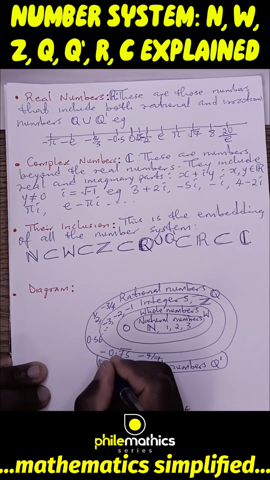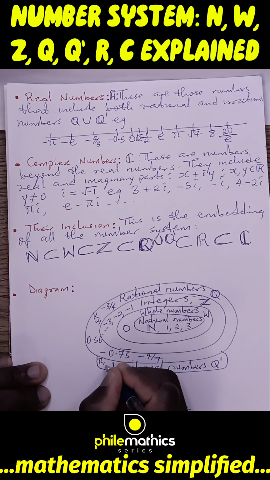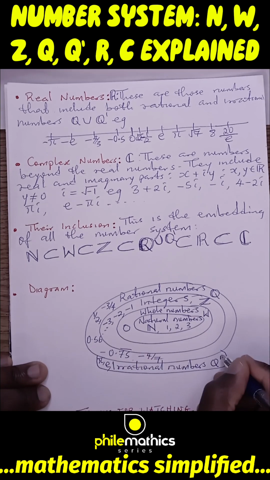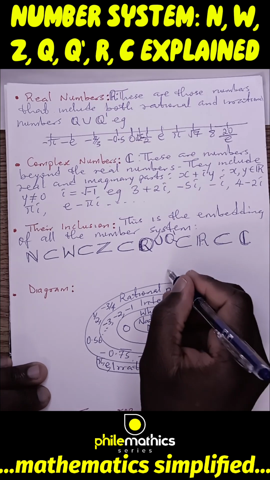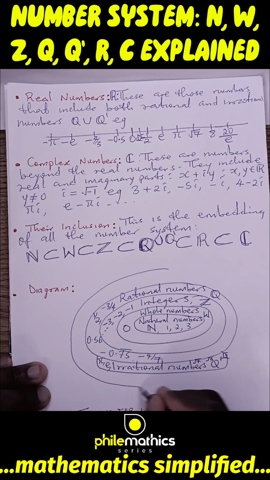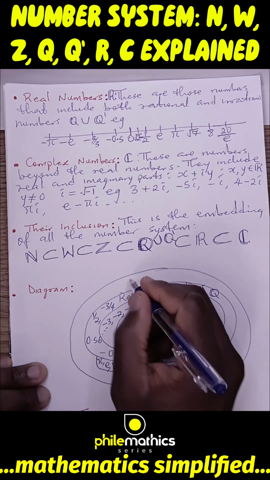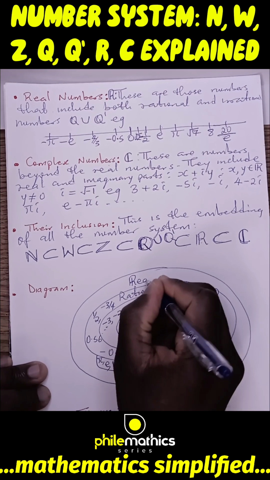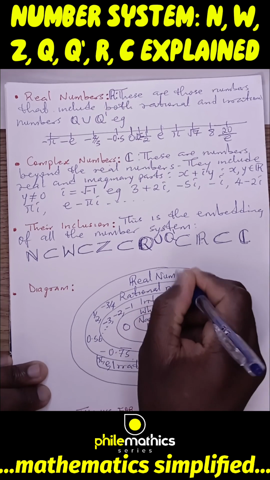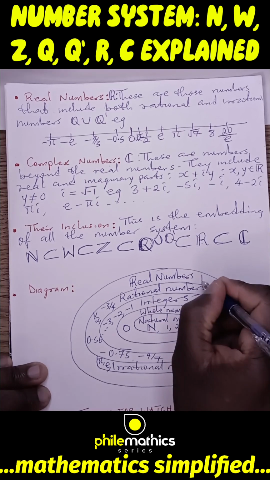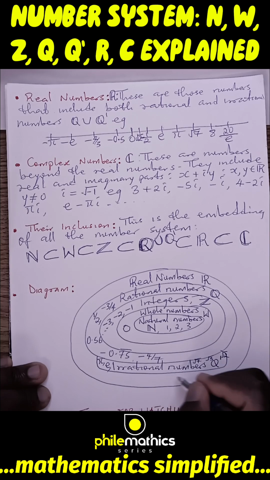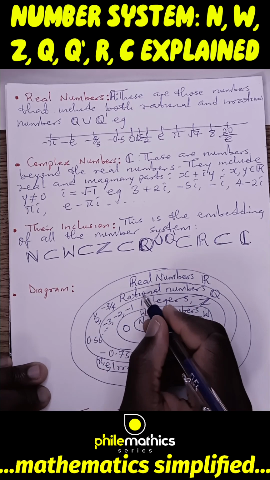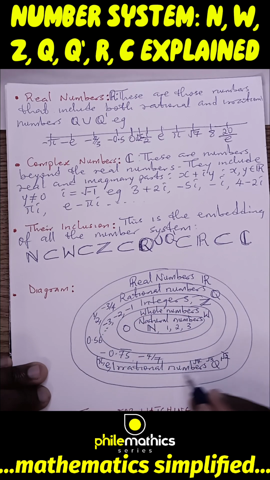So they include pi, exponential, root 2, root 3, root 7, and the rest. And the next will be the real numbers. Remember, the symbol is R, and they include all the numbers you can find on the number line. They include the rationals and the irrationals.